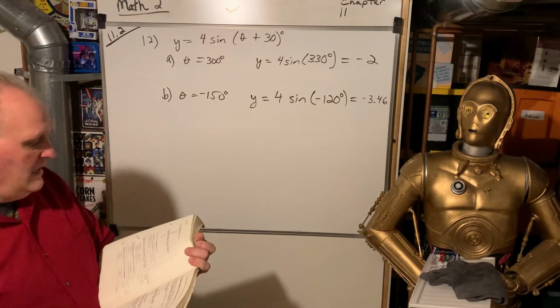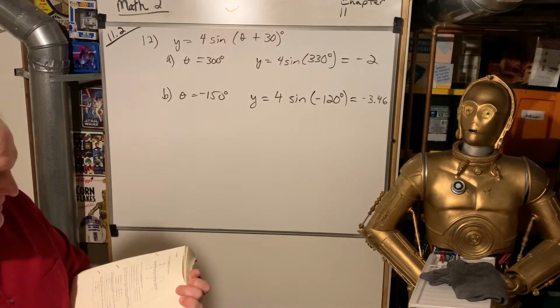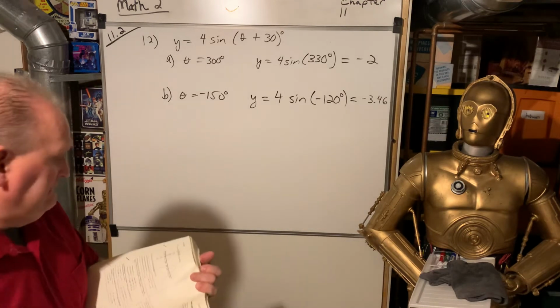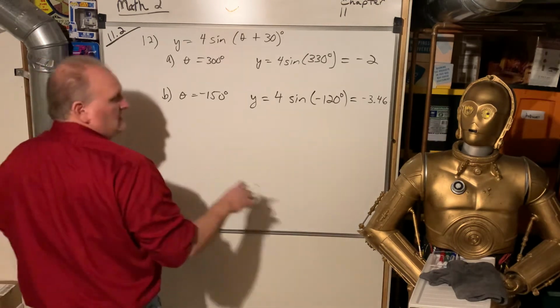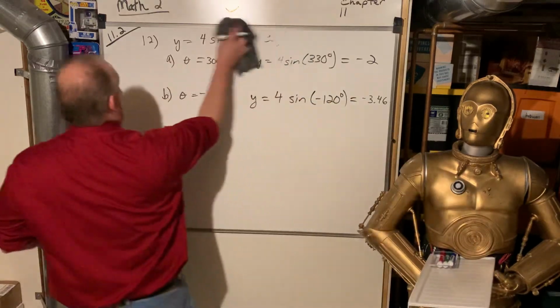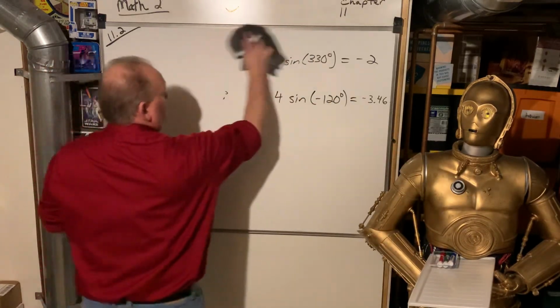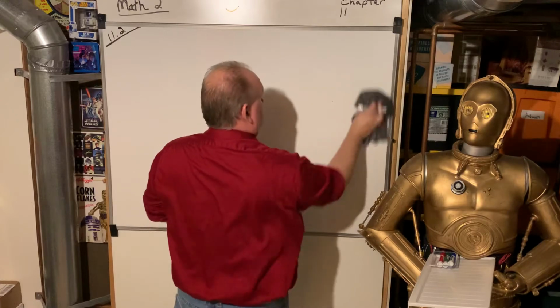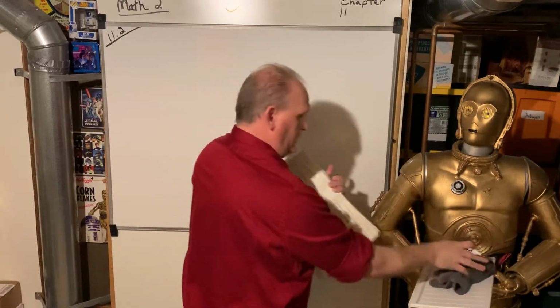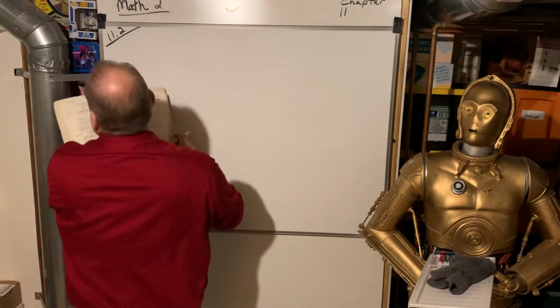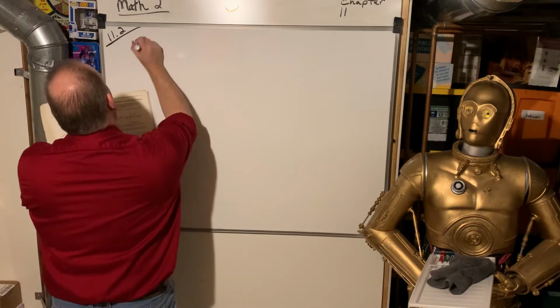Let's take a look at 15 and 16 and 17, because it gets a little more... Oof. All right, so I'm going to erase the board here. So again, we are in the red book, 11.2. We're on page 480. Take a look at number 15.